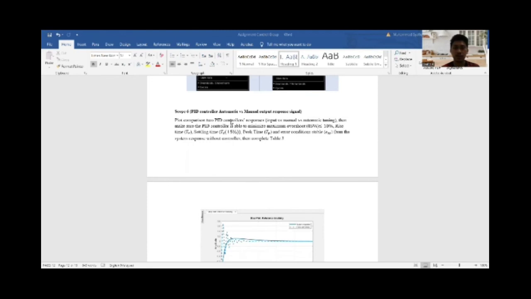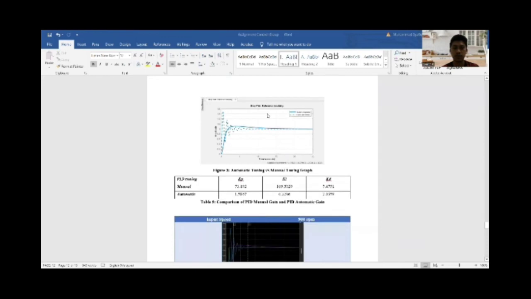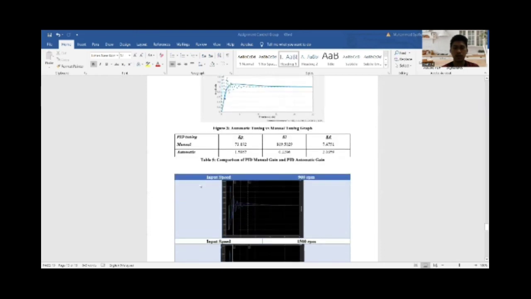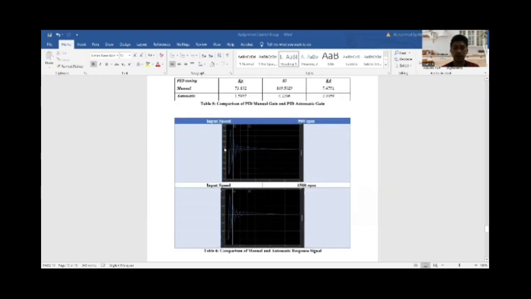And then we need to do the comparison between the PID controller automatic versus manual output response signal. From the results that we get from MATLAB, we finally found the values for KP, KI, and KD for manual and automatic PID tuning. This is the result of the comparison between the automatic and manual.